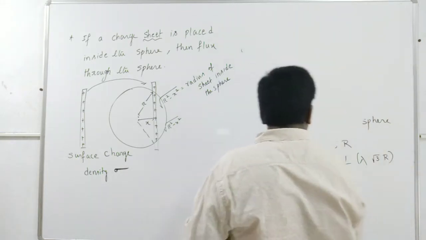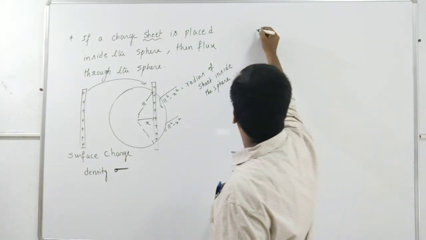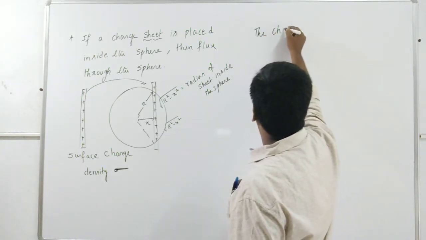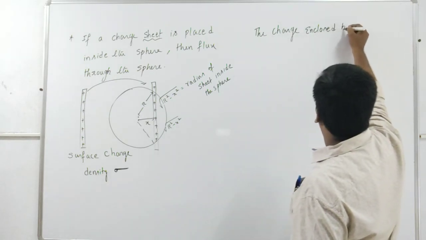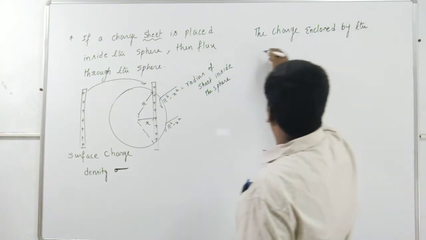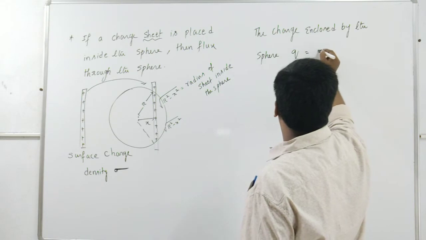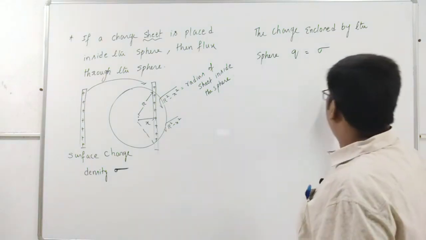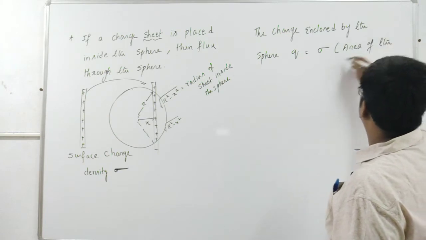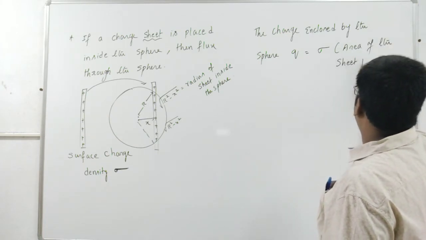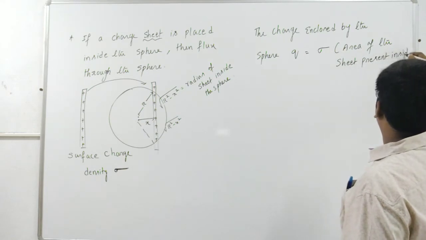So surface charge density sigma into, therefore the charge enclosed by the sphere, Q is equal to sigma into the area of the sheet present inside the sphere.